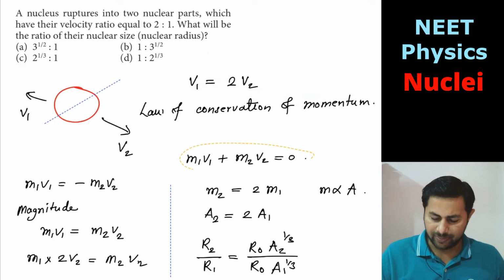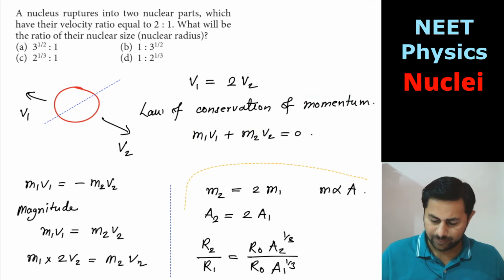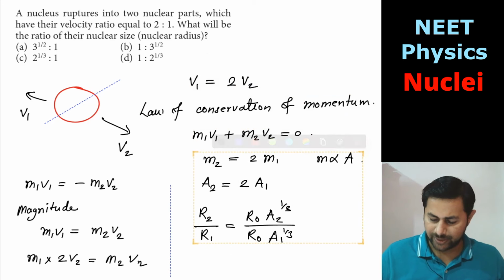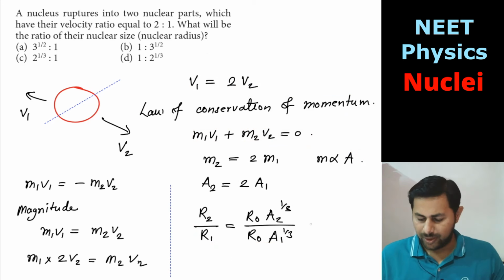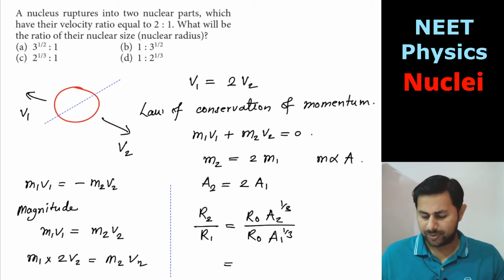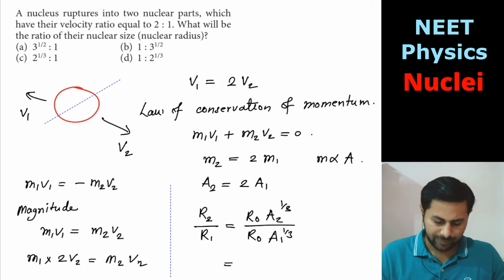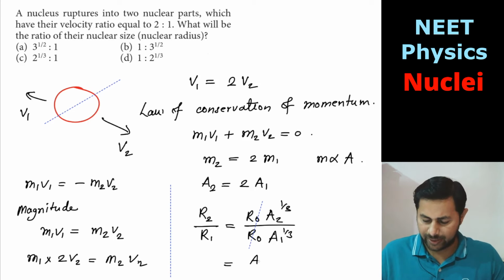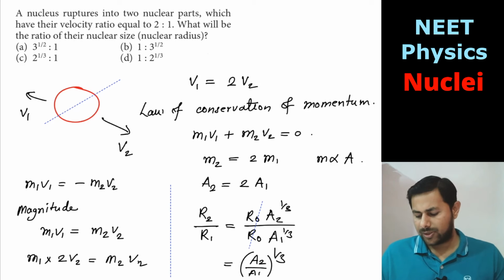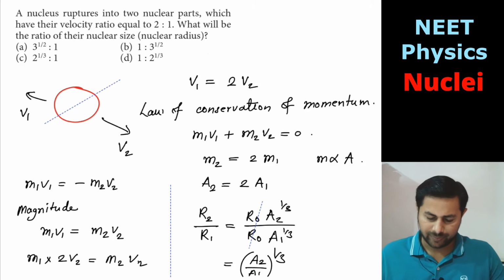Okay, so this is very simple. Let's make some space. So that is equal to, A2 by A1 raised to 1 by 3 means 2 by 1 raised to 1 by 3.